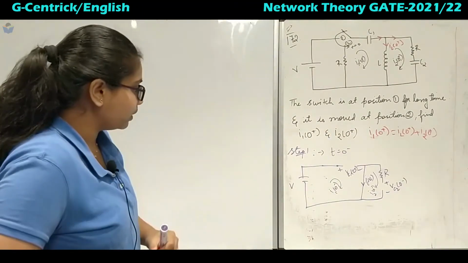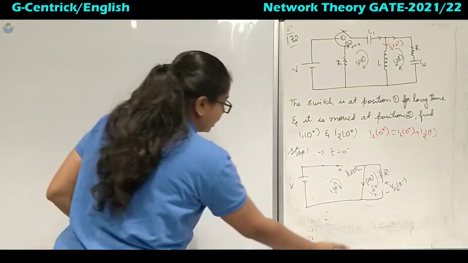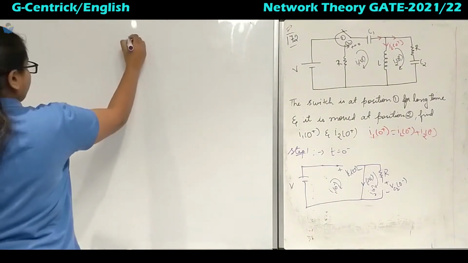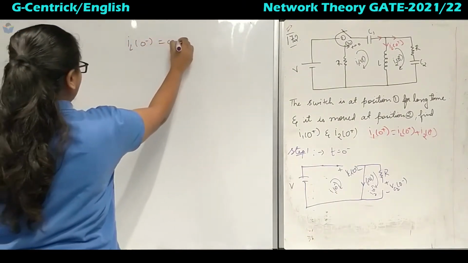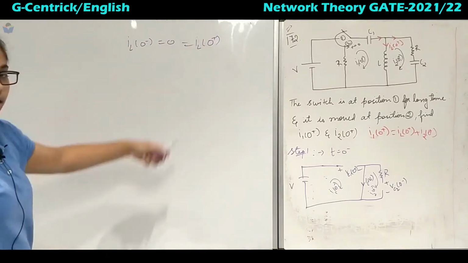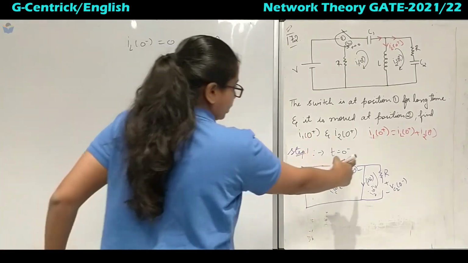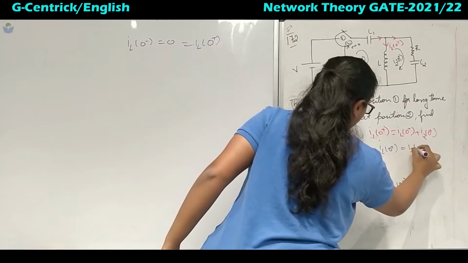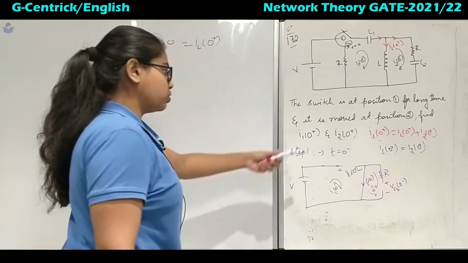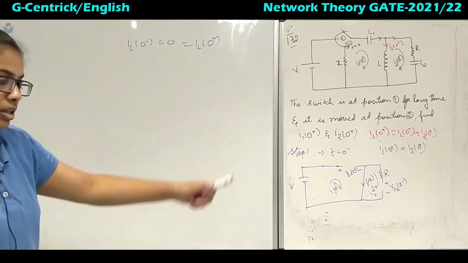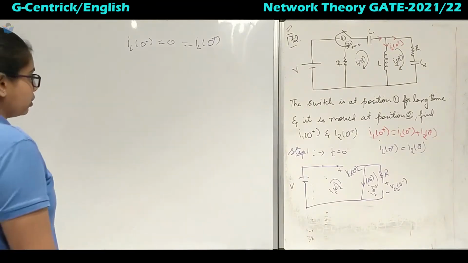Now IL of 0 minus will be equal to how much? It is 0. So IL of 0 minus is 0, which will also be equal to IL of 0 plus. Putting it here, I1 of 0 plus will be equal to I2 of 0 plus. If we find any one of the currents, we easily get the other because they are equal.